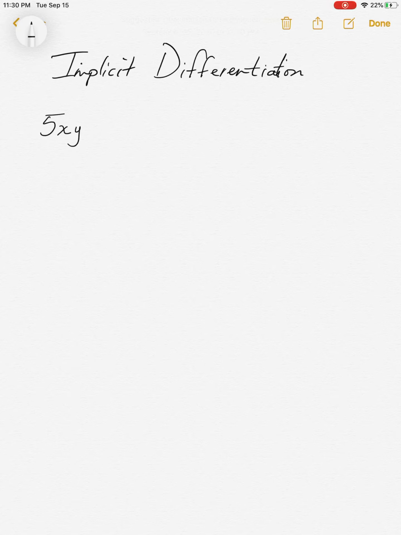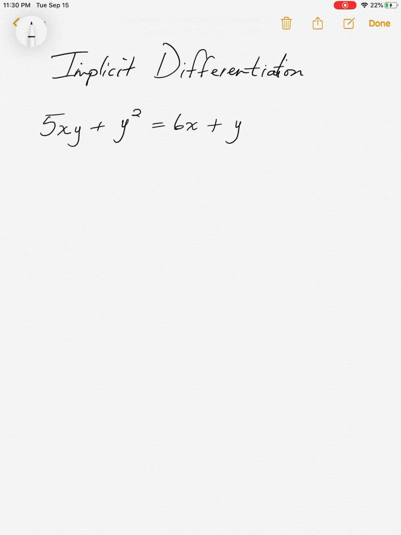All right, so your first example. We have 5xy plus y squared equals 6x plus y.